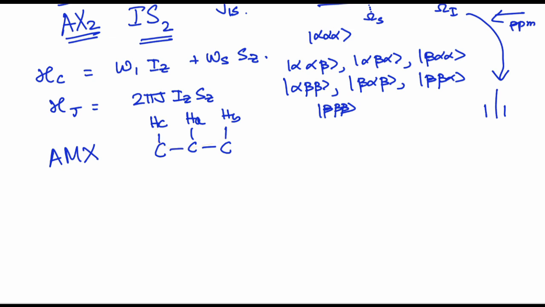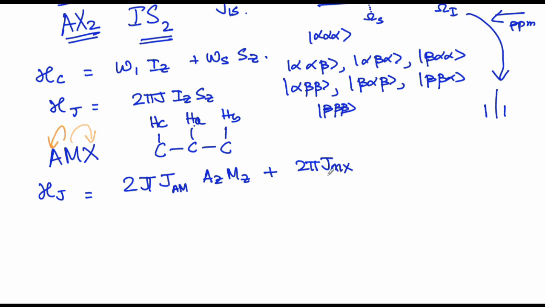So therefore, in this case, the Hamiltonian for chemical shift will be straightforward. You're going to have omega A Az, omega M Mz, and omega X Xz. On the other hand, the scalar coupling Hamiltonian will be 2 pi J AM, because A and M couple with each other, times Az Mz, plus 2 pi J MX, where M couples with X and with A, so you're having a similar system.